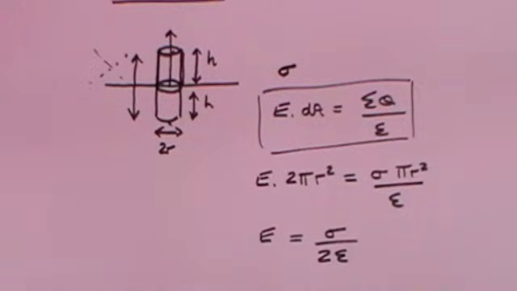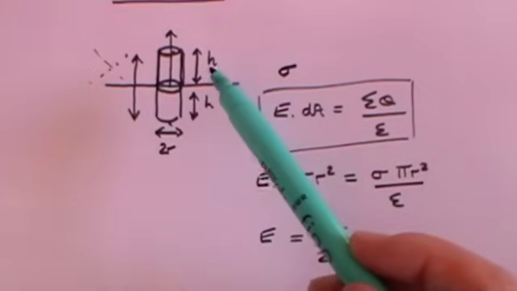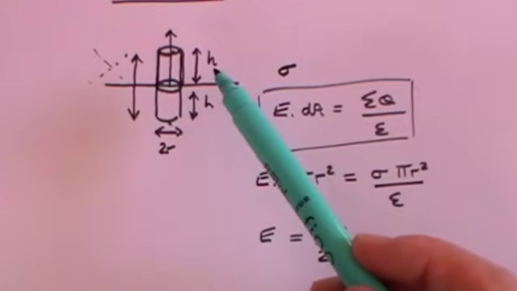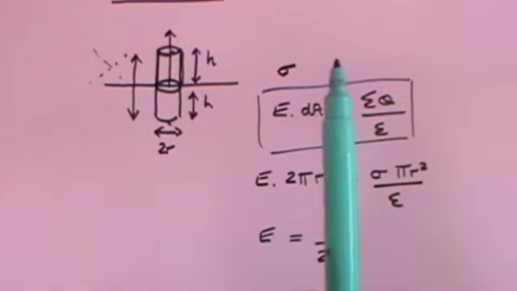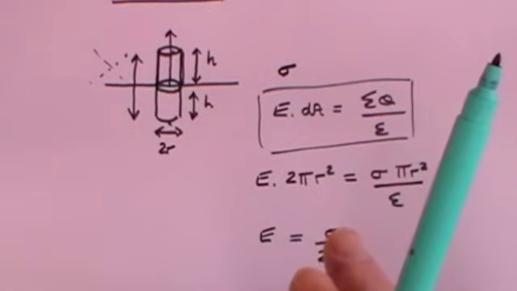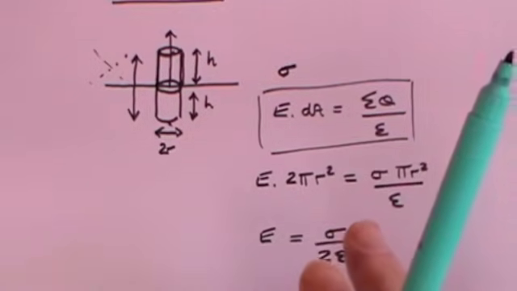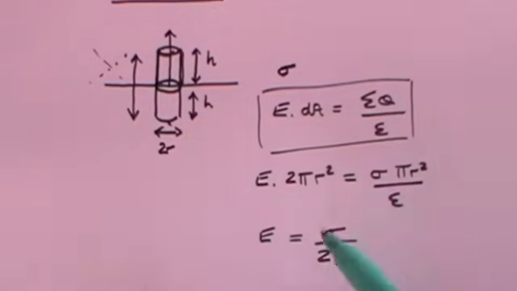The fascinating thing is that it is completely independent of H. You'll notice H doesn't feature at all. So the field above a very large plate, remember this has to be a large plate, if you get anywhere near the edges this no longer applies, will always be sigma over 2 epsilon, however far you are above the plate.